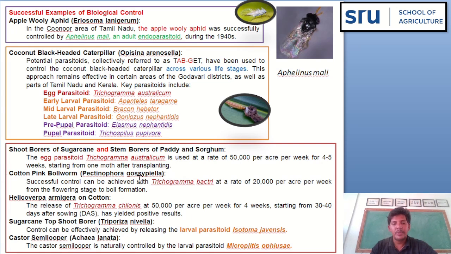Cotton pink bollworm is managed by the egg parasitoid Trichogramma bactrae. Helicoverpa armigera is managed by Trichogramma chilonis. Sugarcane top shoot borer is managed by the larval parasitoid Isotima javensis. Castor semilooper Achaea janata is managed by the larval parasitoid Microplitis ophiusae.